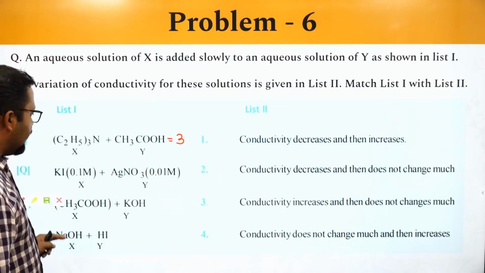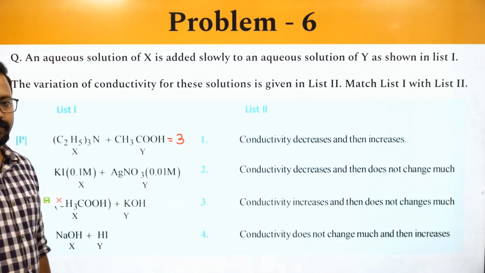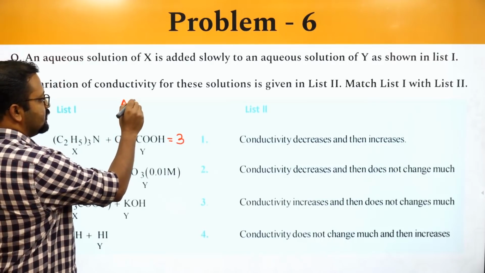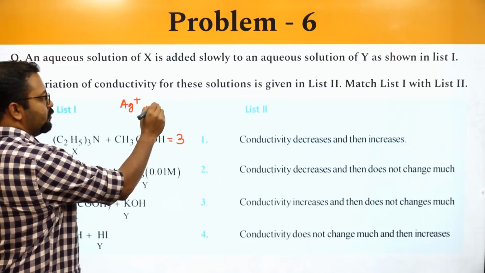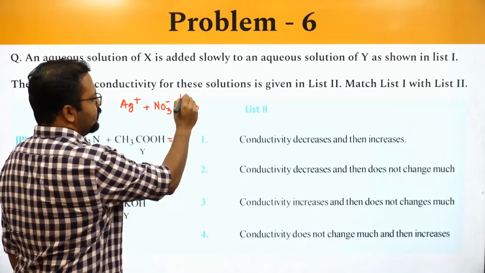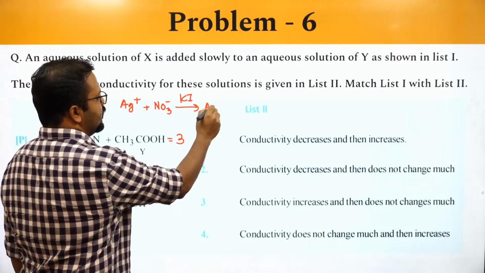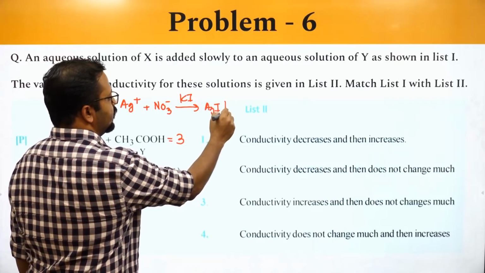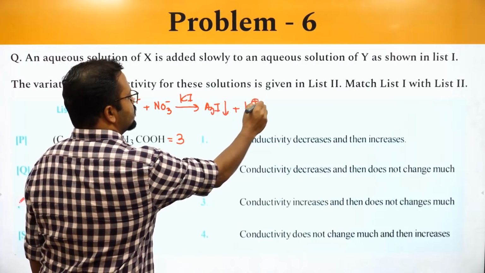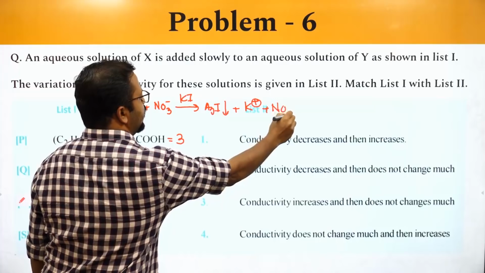Next, KI and AgNO3. Very simple. You have Ag plus NO3 minus, in which you are adding KI, which forms AgI, okay, and produces K plus and NO3 minus in the medium.